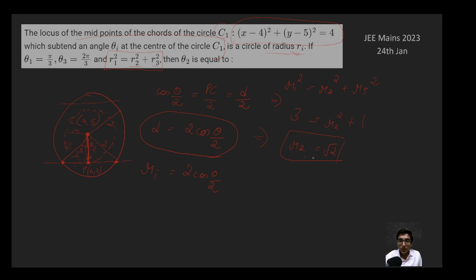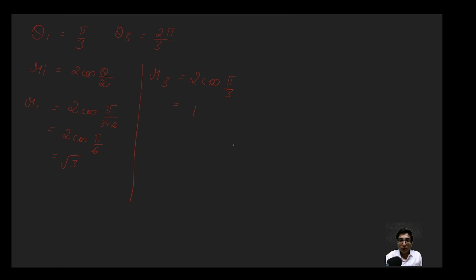So once we know that R2 is root 2, again we can use this formula, Ri is equal to 2 cos theta by 2. Again, theta can be written as theta i as well. So R2 would be equal to 2 cos theta 2 by 2. We have to find theta 2, right? So R2 is root 2.